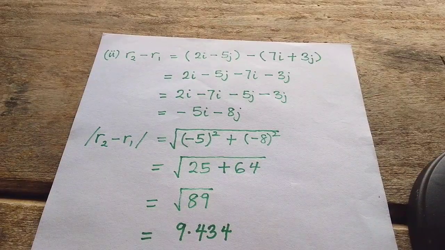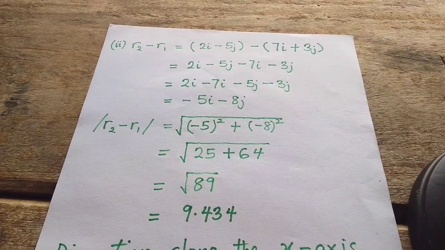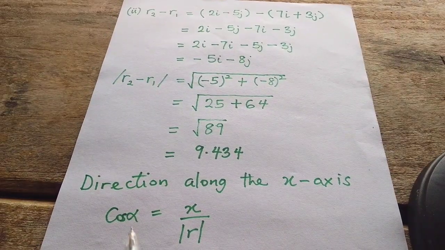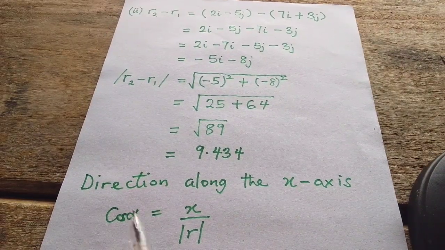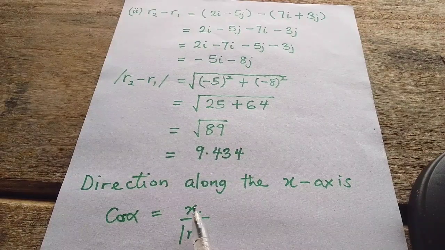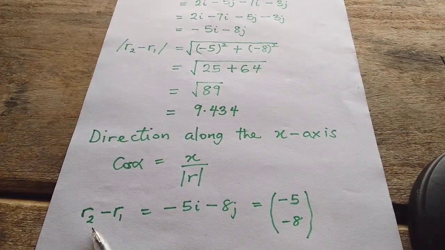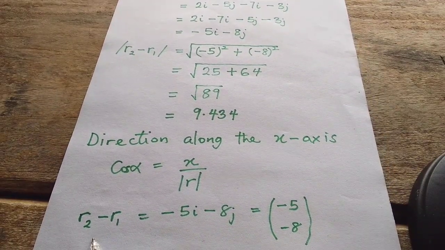Now, to look for the direction along the x-axis, we use the formula cos alpha, where alpha is the angle it makes with the x-axis. So cos alpha is the x component over the magnitude of the vector. Already we know that the vector r2 minus r1 is minus 5i minus 8j.